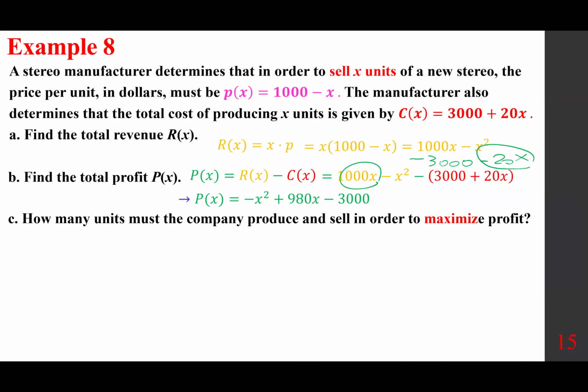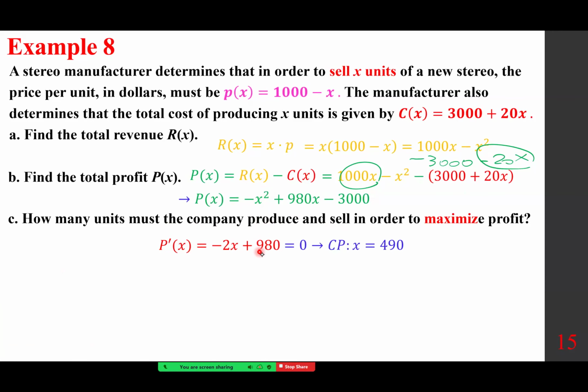How many units must the company produce and sell in order to maximize profit? Let's do calculus. We're going to differentiate this. P prime becomes negative 2x plus 980. We set this equal to 0 and x becomes 490.